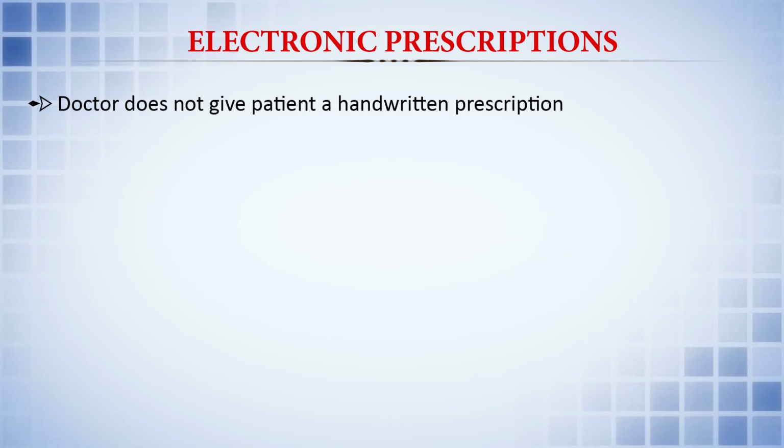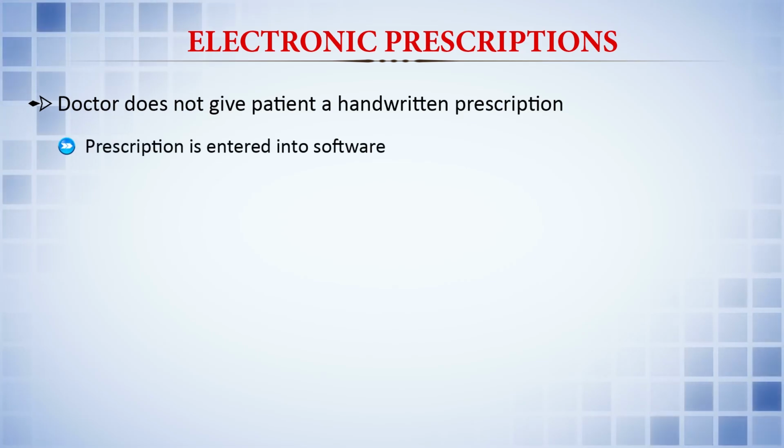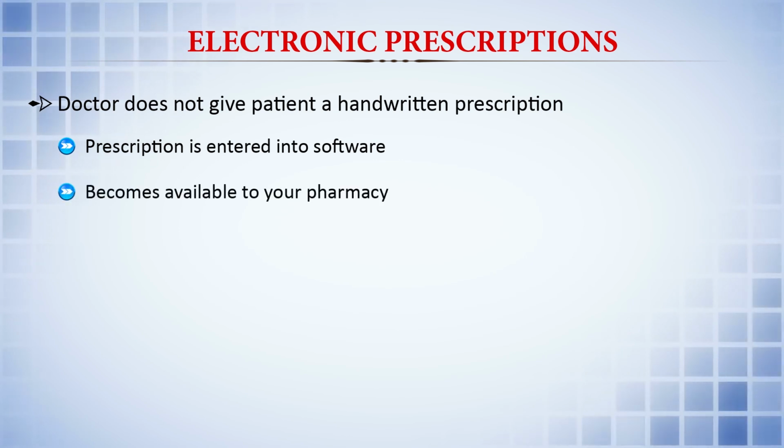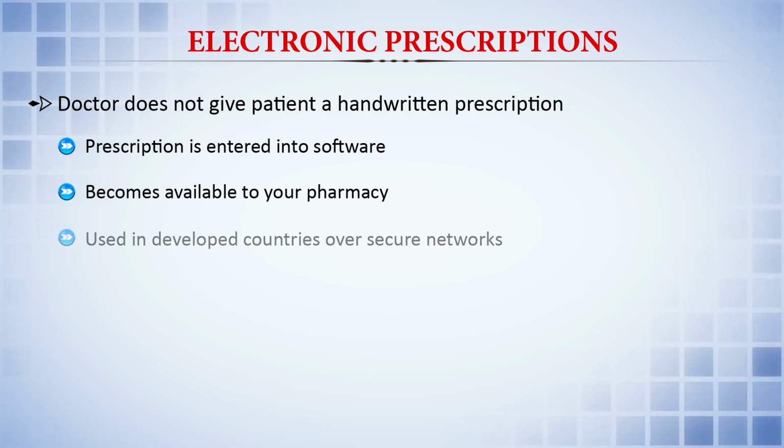But with electronic prescriptions, this problem is solved because the doctor enters the prescription into the software instead of writing it down. As soon as it is put in the software, it becomes available to your chosen pharmacy. And in developed countries, privacy and security concerns are taken care of by making sure that such transmission of information happens only over a secure computer network.